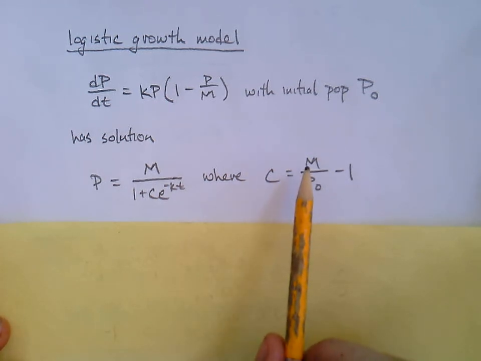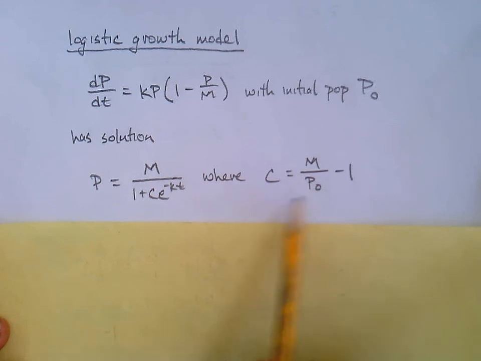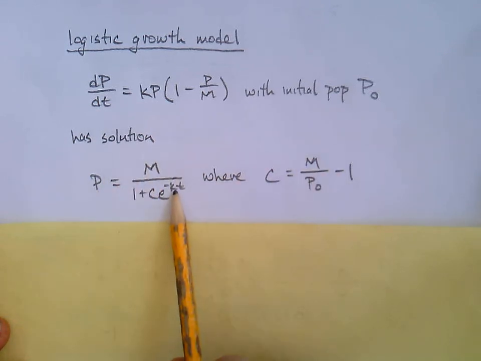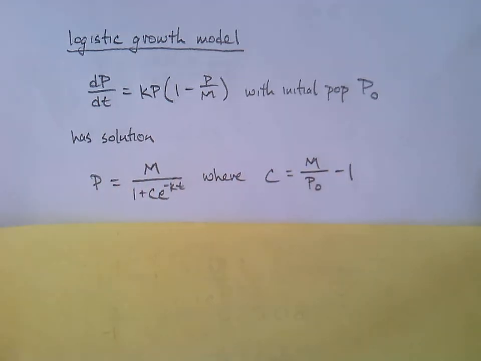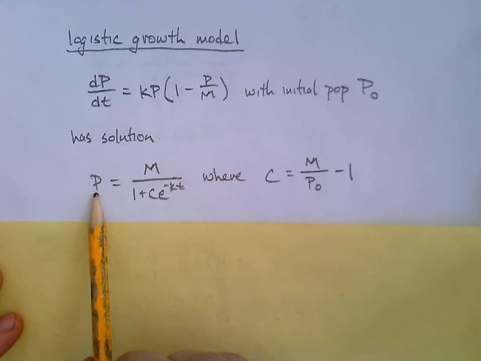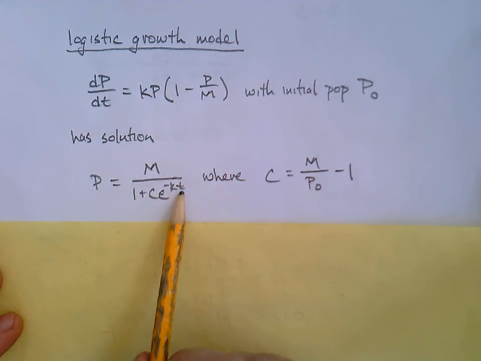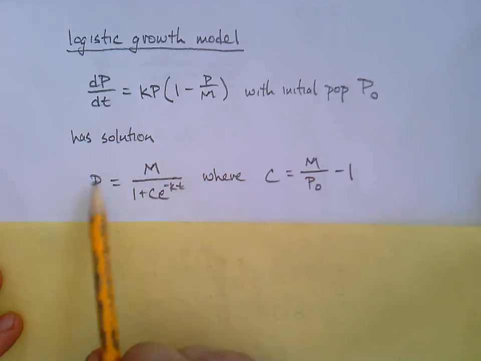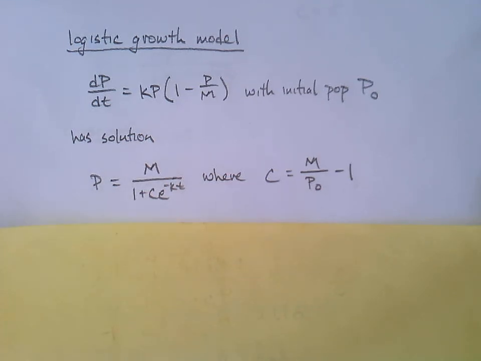And so if all we know is the carrying capacity and the initial population, and the k would be told to us, we can put that all together. And with this, what is this really? What is the solution? We can figure out the population size at any given time. If we can fill in all those parts, tell me a time, I'll tell you the population size. That's what we're going to do in the examples in the next video.